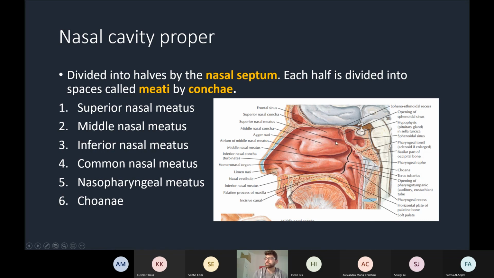One thing I want to mention is that if you look at your white book, you'll see there is a scheme for this. It's not this view. You're looking anteriorly into the nasal cavity, and you can see both halves of the nasal cavity proper quite nicely.